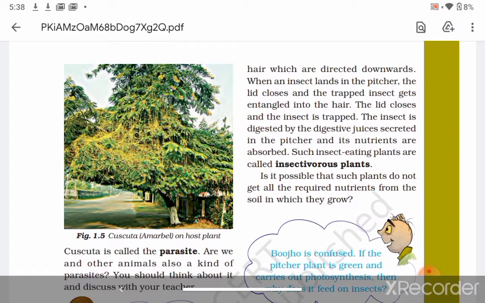It is a plant. It is called a parasite because it depends on its host. Like a virus. A virus is a parasite which goes into our body. We are the host for the virus. For example, COVID-19.